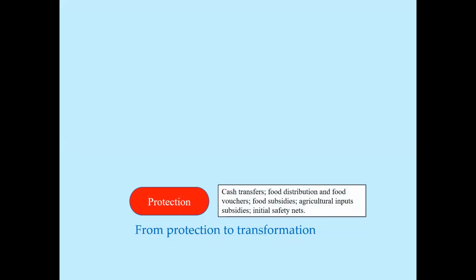Protection aims for safeguarding minimum levels of consumption of those in poverty or at risk of falling into poverty. That is usually achieved through cash transfers, food distribution, food vouchers or food subsidies and subsidies on agricultural inputs. Safety nets of the structural adjustment period typically made use of these instruments.